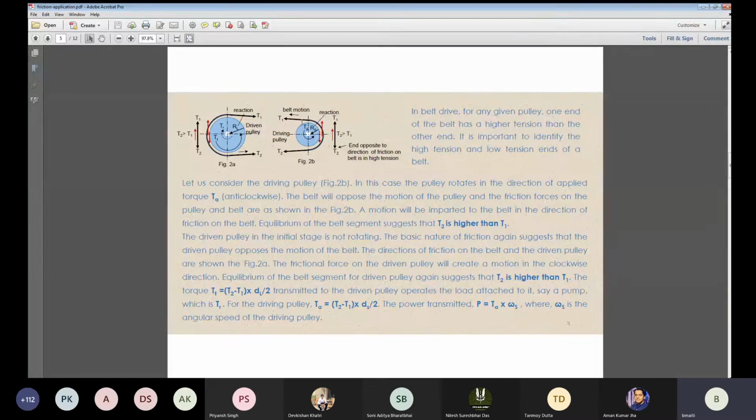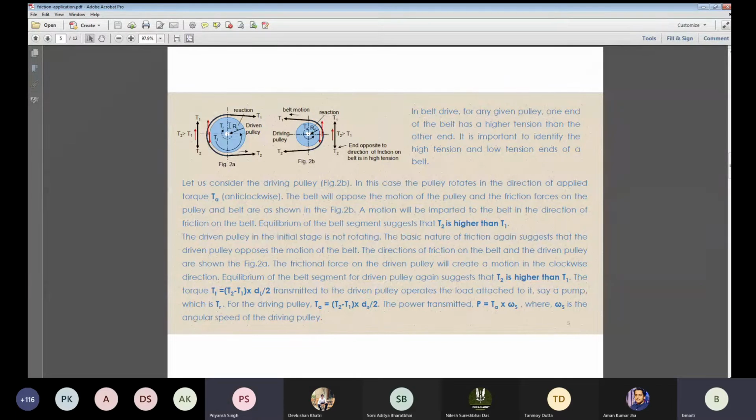However, if I choose T2 by T1 equal to 2, it gives lesser transmission because the value of T2 minus T1 is less. But it will be lower power for this pulley, no doubt, and there won't be any slippage since it has higher capacity.